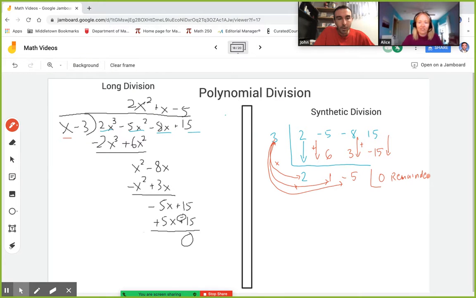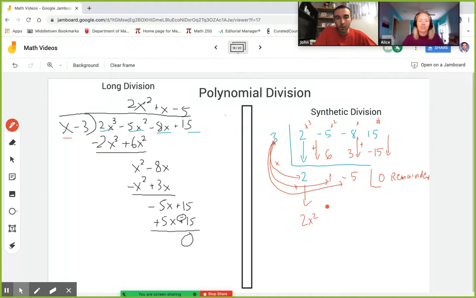And the numbers that I got are really coefficients of a new polynomial, and the new polynomial is 1 degree less. So here I started with x to the third, this was x squared, this was x, and this was just a number. In my answer, I lose 1 off of each. So this 2 really means 2x squared.